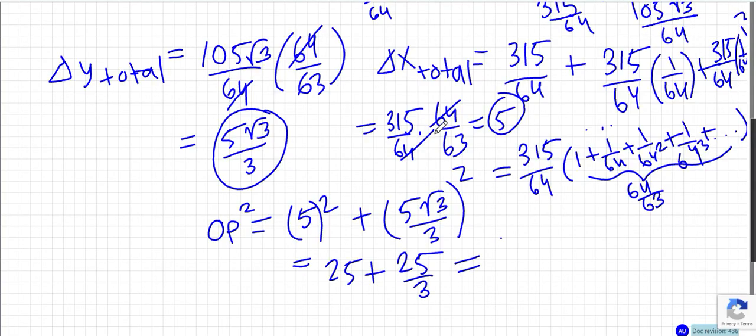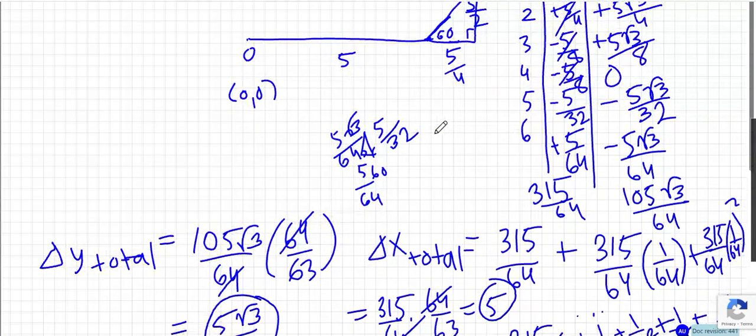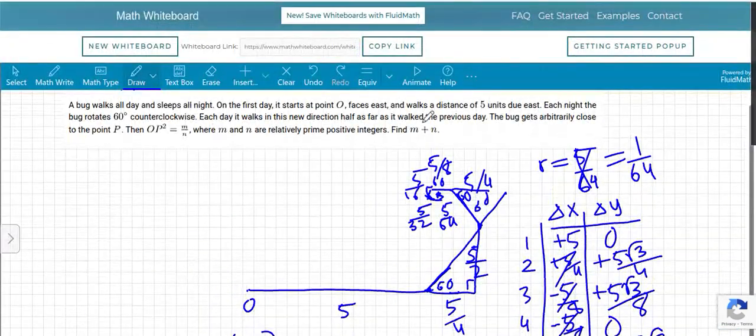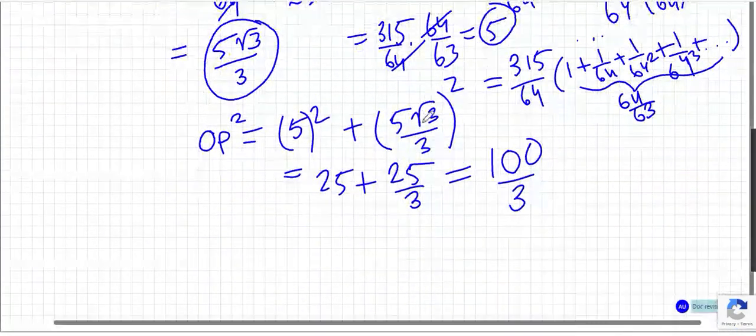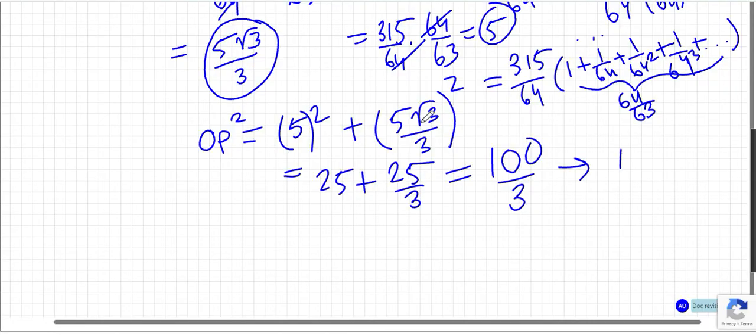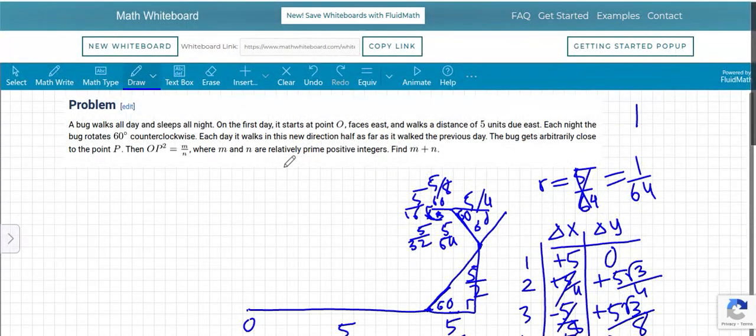And that equals 100 over 3. Going back to the question, it says to find the sum of the numerator and denominator. So this will give us 103. So our final answer is 103.